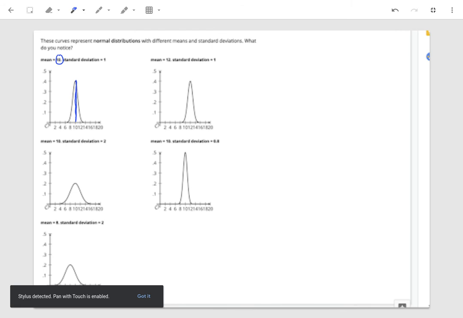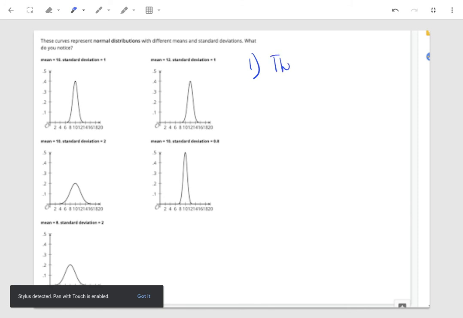This one has a mean of 12. Notice its high point or center is at 12. This one also has a mean of 10. Notice the high point is at 10. Do you think that's a coincidence? Definitely not. So that's the first thing I notice, and I'm going to write that down.